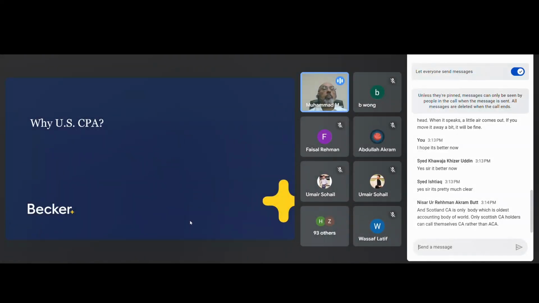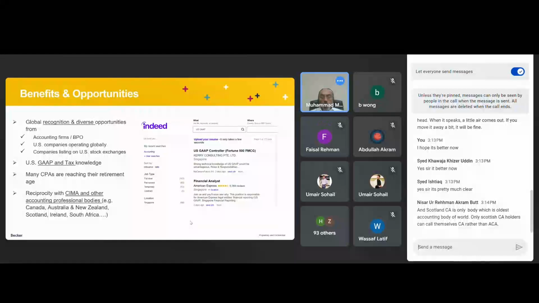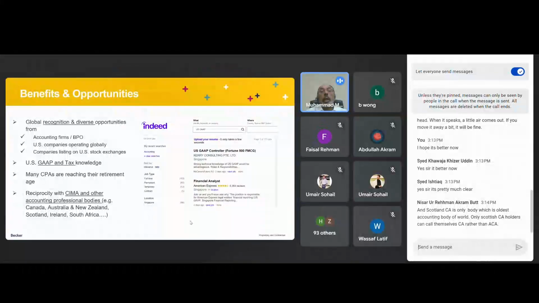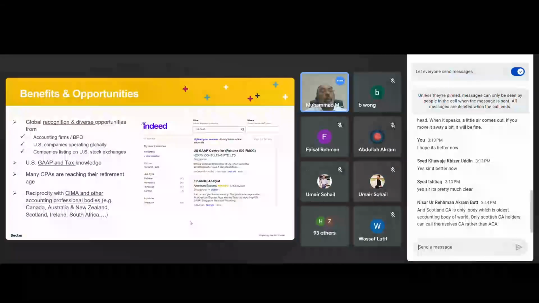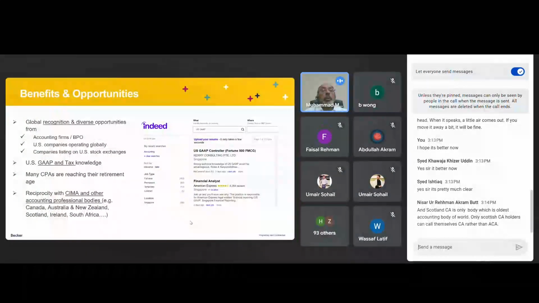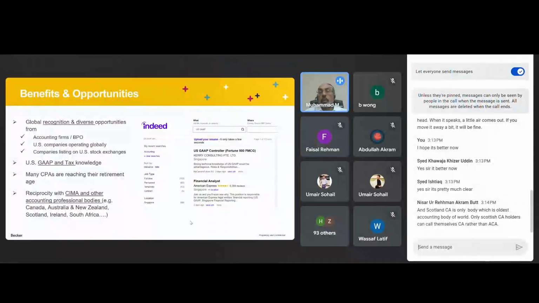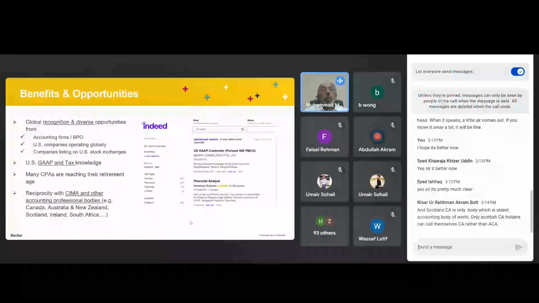So basically, why US CPA is the next point here. This qualification is globally recognized and provides the holder diverse opportunities for working with accounting firms, BPOs, US companies operating even globally, and also companies listed, and subsidiaries of those companies which are listed on US stock exchanges.